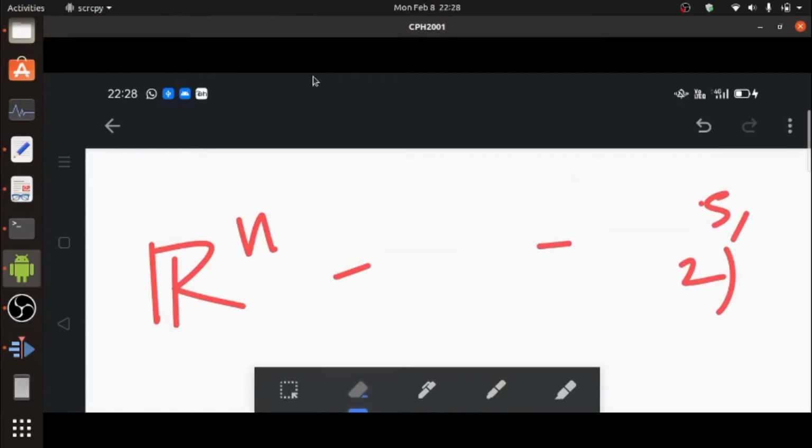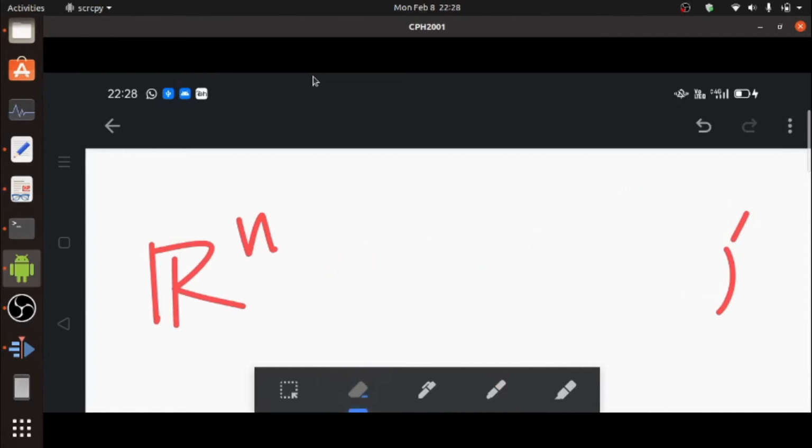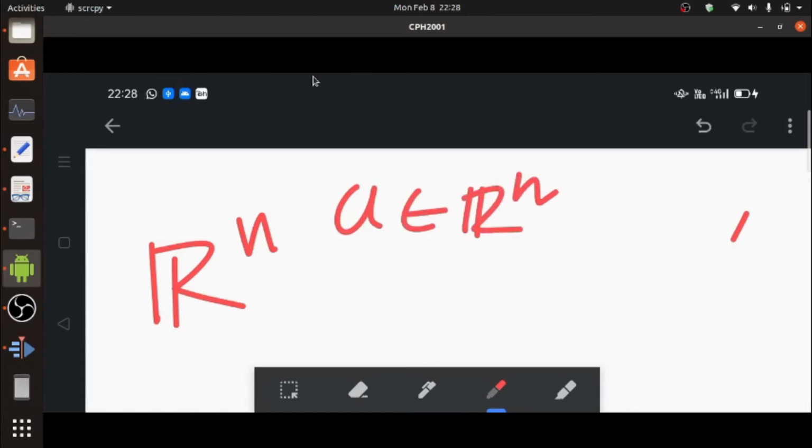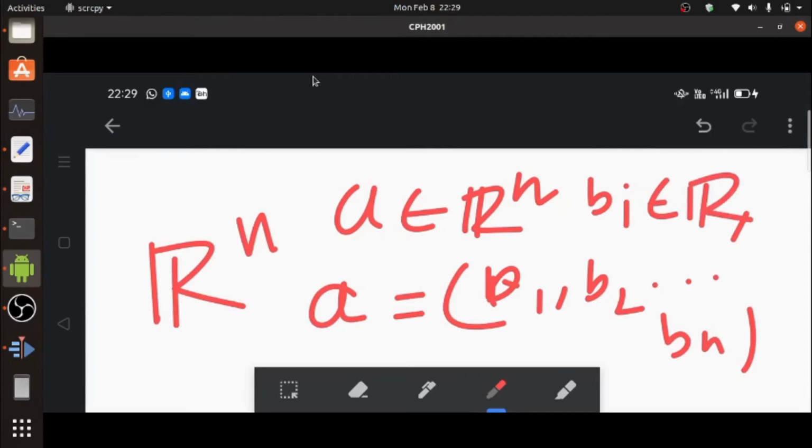Now what if A belongs to Rn? This means A is a list of n numbers. Let's say A is equal to (B1, B2, up to Bn), where each Bi belongs to the real numbers.